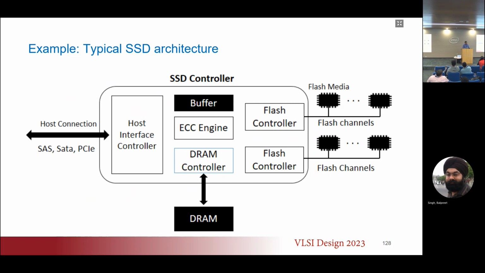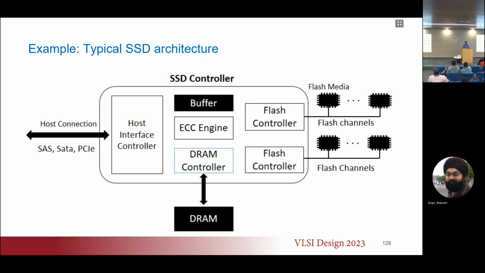Because if you have a file stored in your computer, and you're going to run classification on that, and it's going to have 175 billion parameters, the last thing you want to do is copy 175 billion parameters from the SSD to DRAM, then move that data to the SRAM, and then do the operation in the CPU, and read your input from the disk, and so on and so forth. So maybe we should just do it directly on the disk itself.